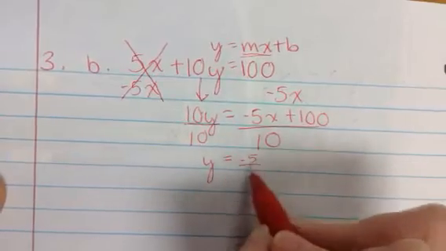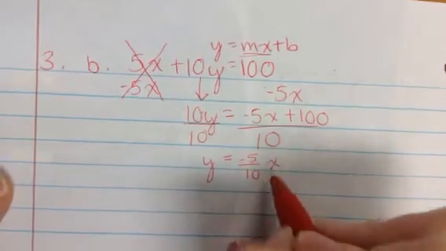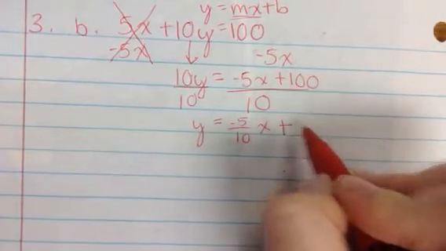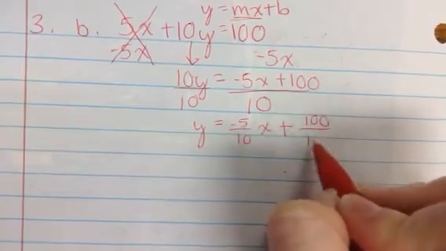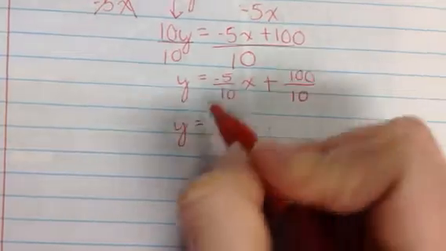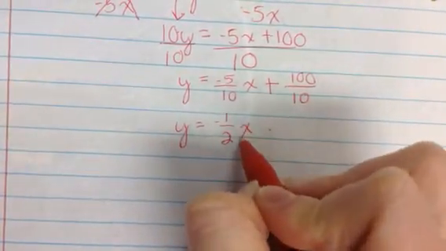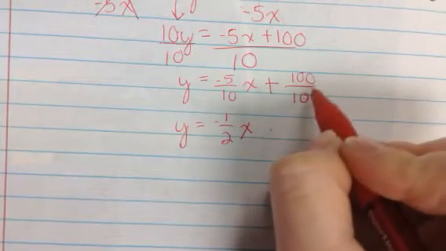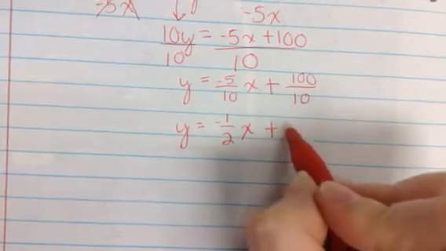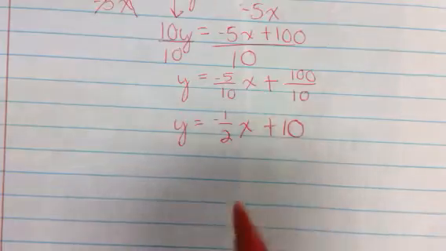Negative 5 over 10x plus 100 over 10. So now I just need to simplify. A negative 5 over 10 is negative 1/2 x. 100 divided by 10 is 10, okay?